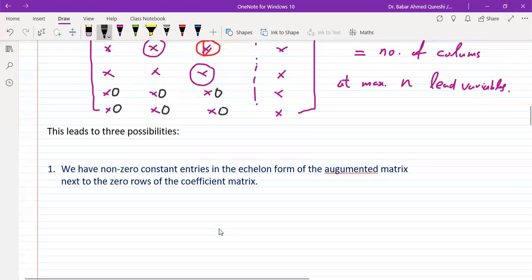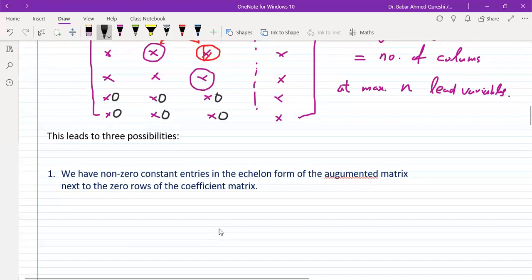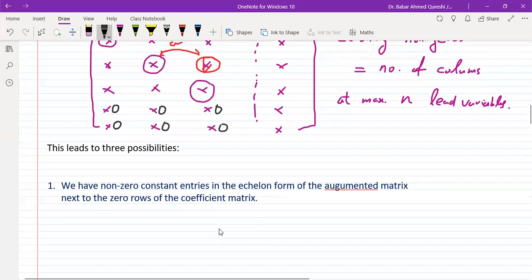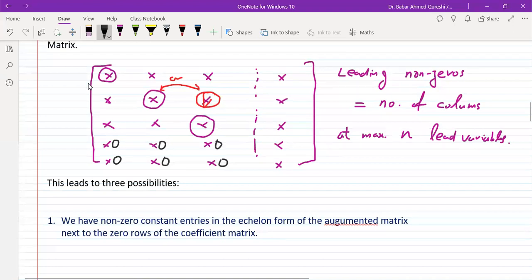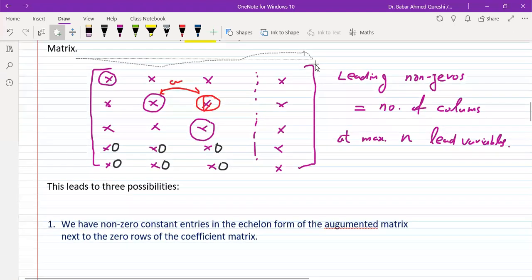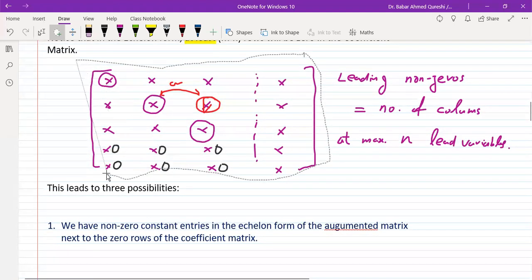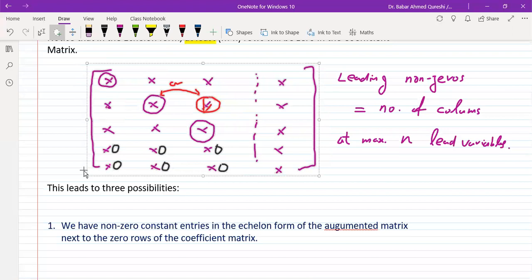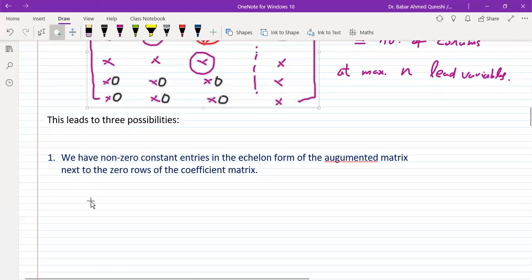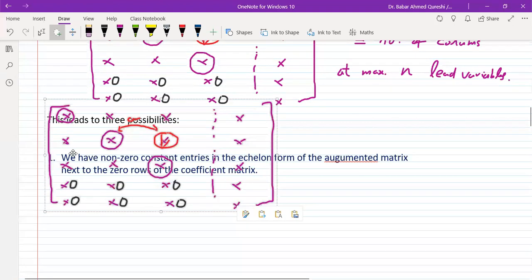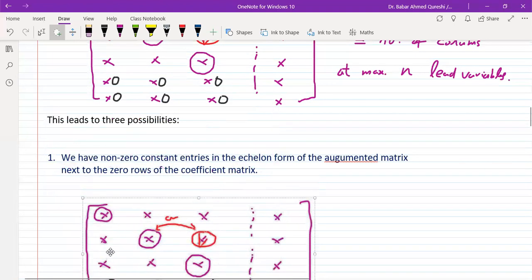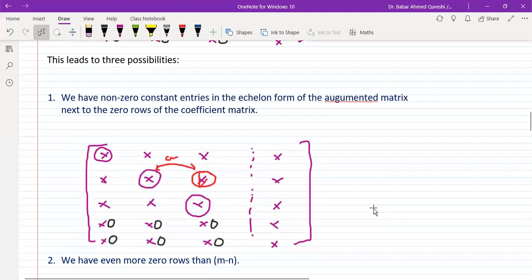This then leads to three distinct possibilities. Because you have m minus n rows which are 0, like over here, because n is equal to 3, so 5 minus 3, 2 rows must be 0.